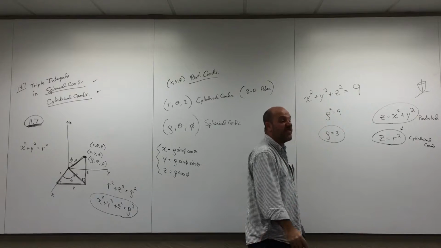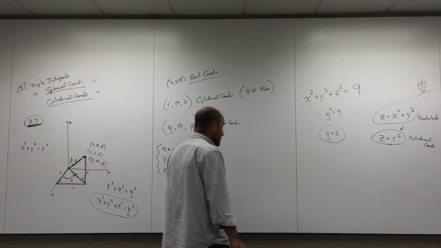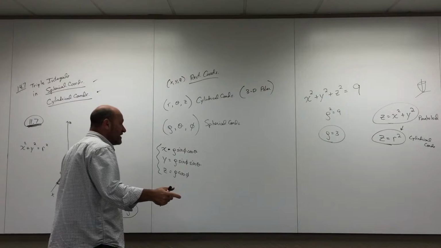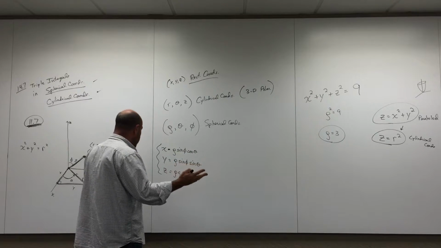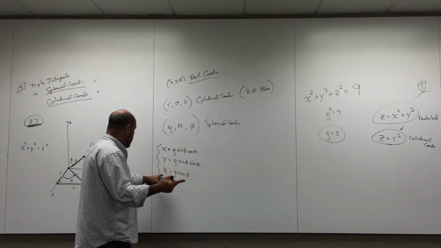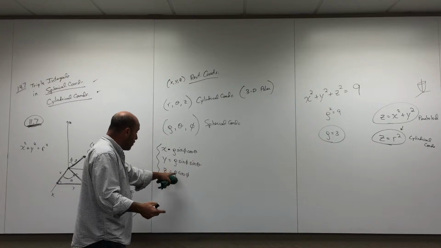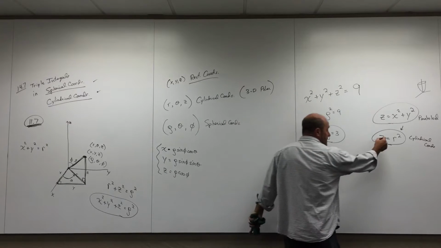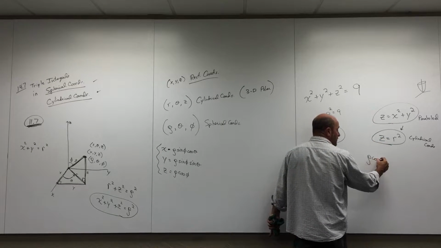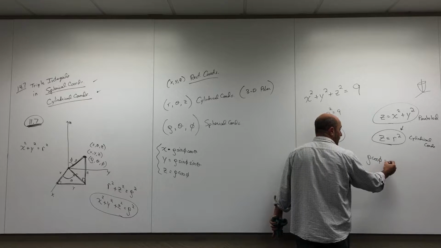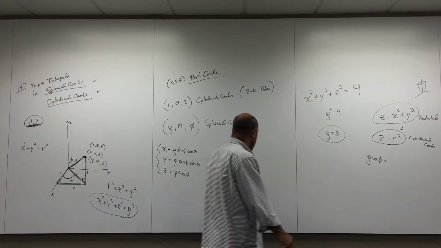Let's convert it to spherical. I don't know about that. Let me think here. If I want to convert to spherical, what's z? Z is rho cos phi. I think I'll just do that. Z is rho cos phi. What is r squared?